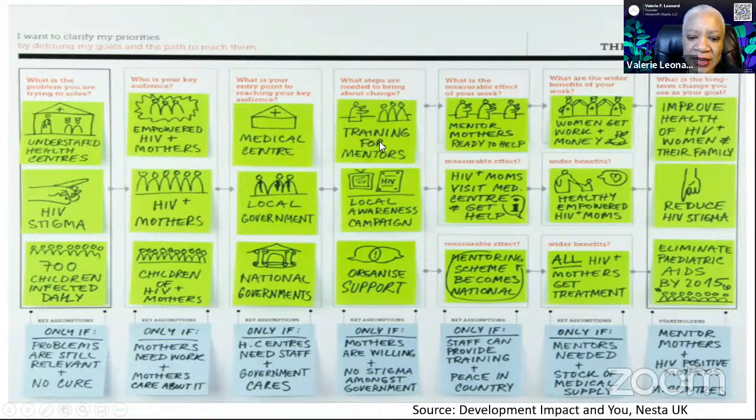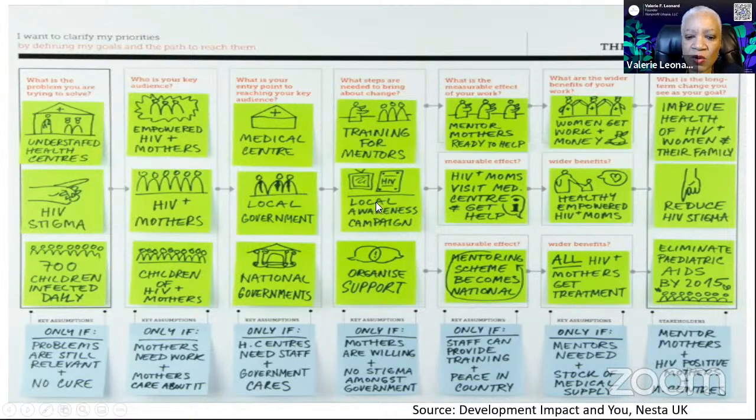And then the fourth column, what steps are needed to bring about change? One, they need training for mentors. So in order to affect change, they have to have training for mentors. Notice that they're creating a relationship between cause and effect. In order to make change, you need to have local awareness, because if people aren't aware of a problem, they're definitely not going to support you, let alone help you make change. And then in order for that to happen, you actually need to organize support.